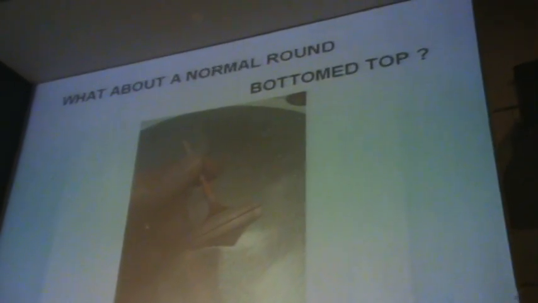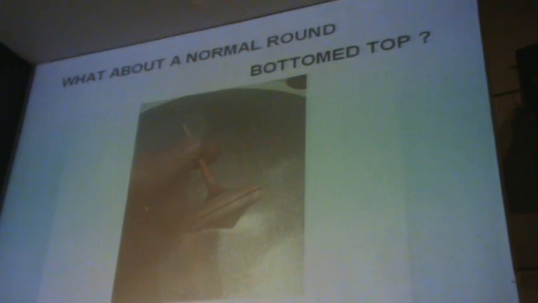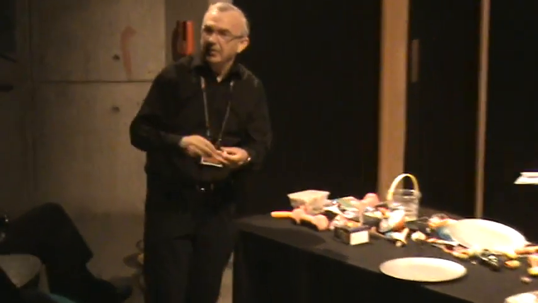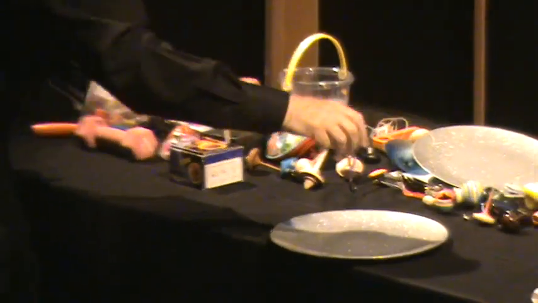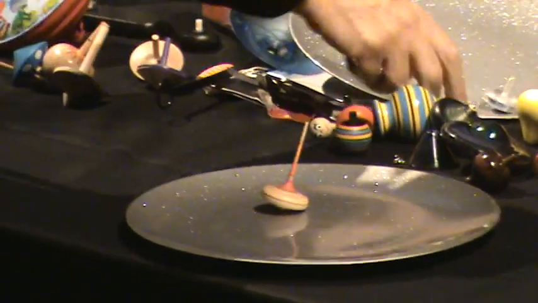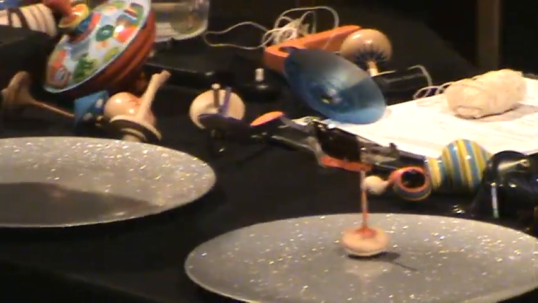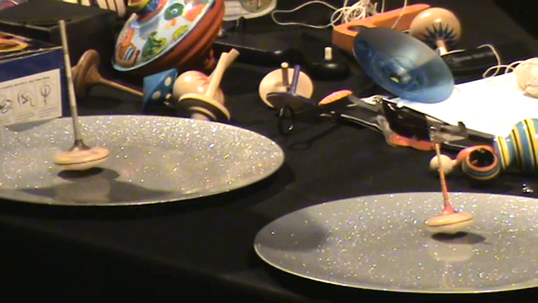What about a normal round bottom top? Now, watch this, and I think you might be a little bit surprised. If I spin this at a bit of an angle, what's going to happen to it? So it's at a bit of an angle there. I'll spin this one at a bit of an angle.